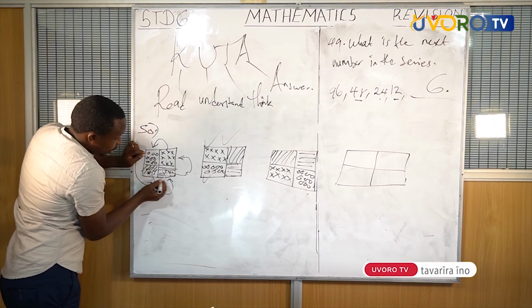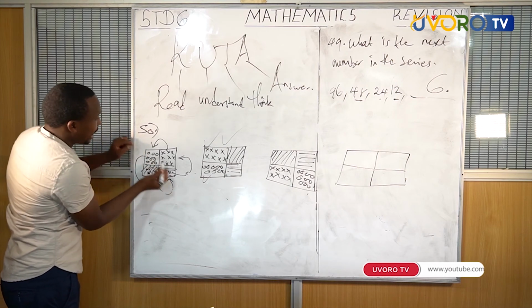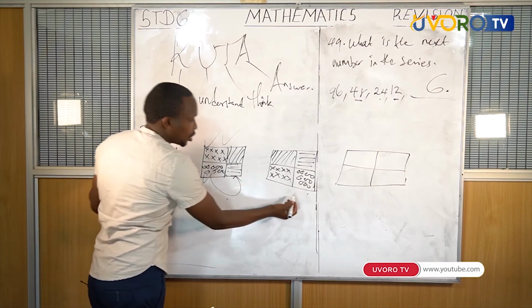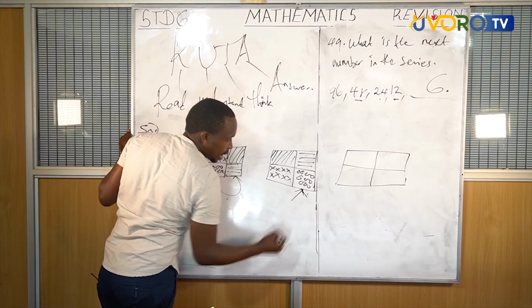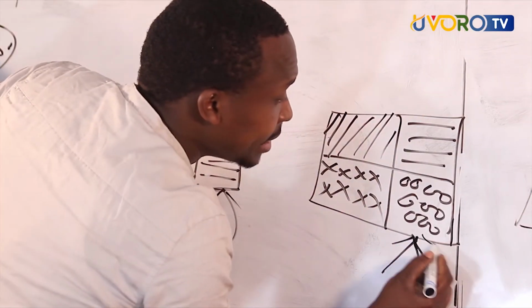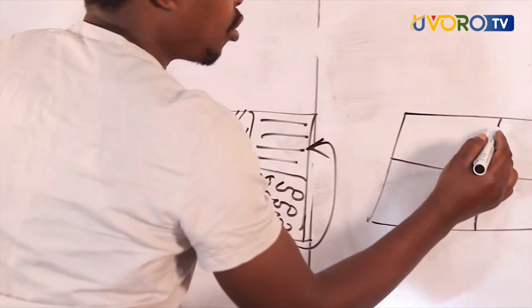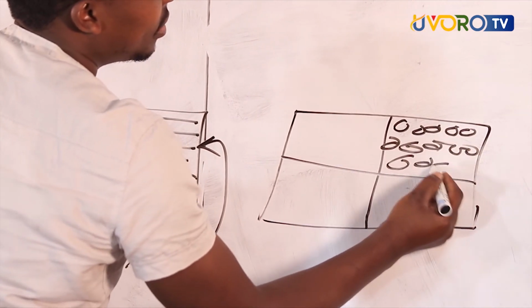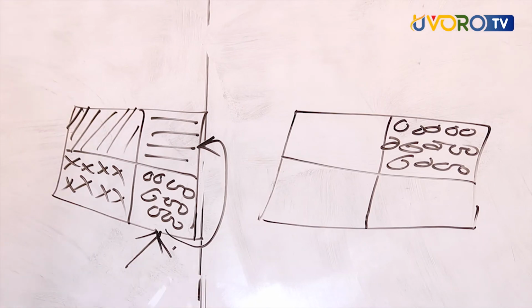Are we together? So if they are now here, they are going to go now here, the zeros. Now, it means in the next one, these zeros will go there. Let's draw them. Have we understood? Yes.